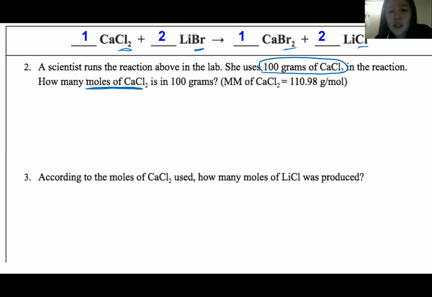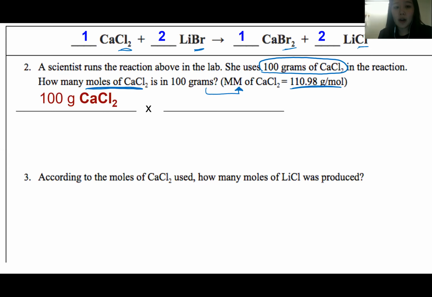As soon as you see the word grams, you should be thinking, oh, I need the molar mass of this compound. And in this problem, I did the molar mass for you already. So we know that we have 100 grams of calcium chloride, and we want to solve for the moles of calcium chloride.